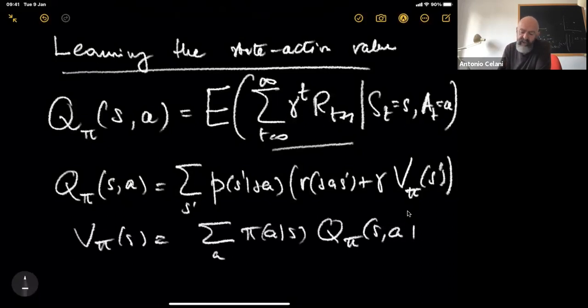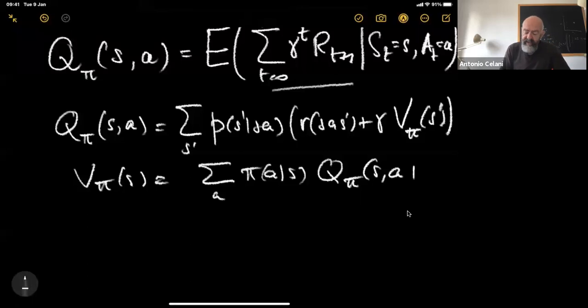So these two equations together clearly tell you that the value function and the Q function are totally equivalent, and you can trade one for the other. The advantage of the value function is that it's more compact. It's just a vector. And the advantage of the Q function becomes more apparent when one discusses things like the Bellman equation. Okay, so I will make it clear in a second.